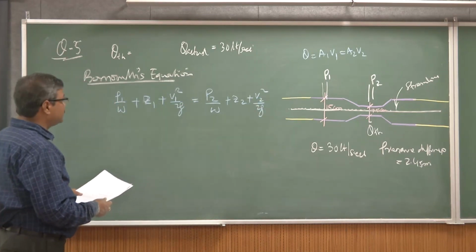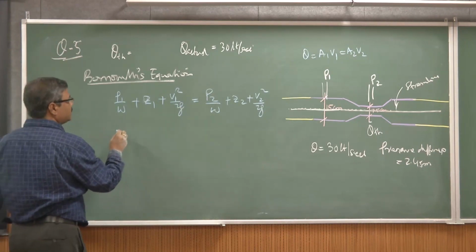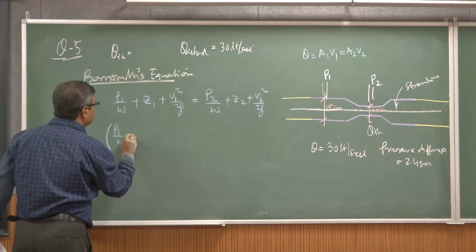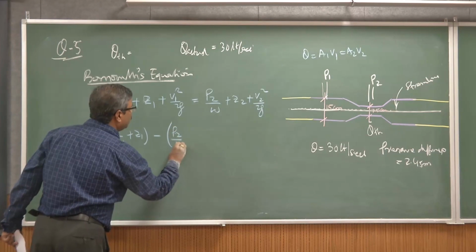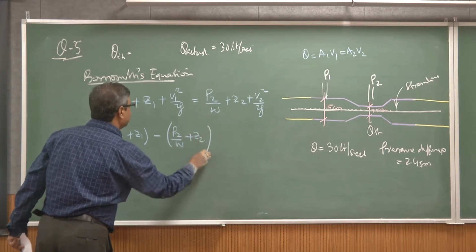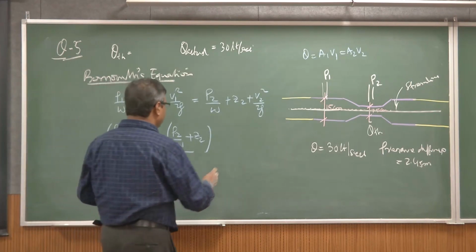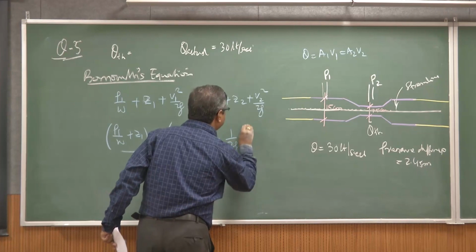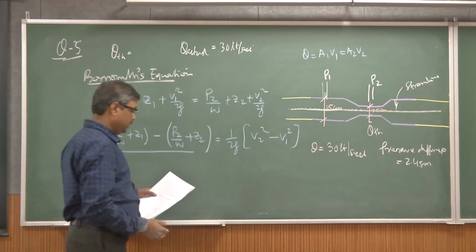And since we know the pressure difference between the two points, as it is measured, we can easily compute it. Just rearranging the terms, that will be equal to V2 square minus V1 square.